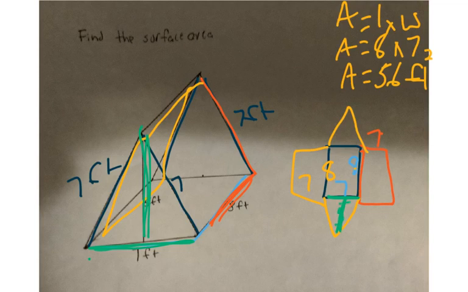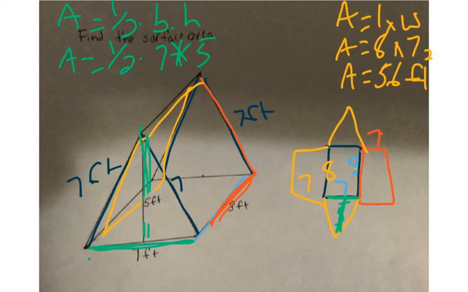And you may remember, hopefully, that our formula is 1/2 times base times height. 1/2 times 7 times 5. I believe that was a 5, right? Yes.